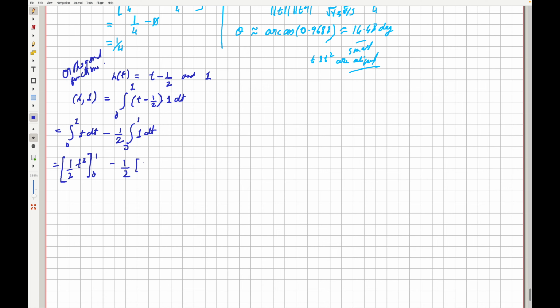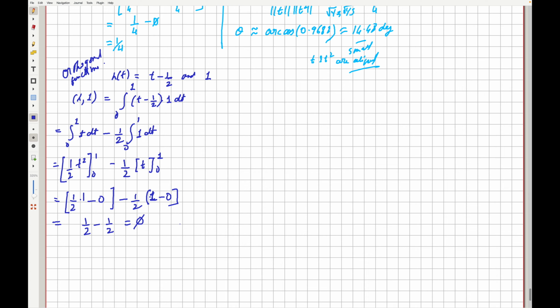To be correct, it goes from 0 to 1, and if we plug in the values, we have 1 by 2 times 1 minus 0, minus 1 by 2 times 1 minus 0, and we have 1 by 2 minus 1 by 2, which is equal to 0.